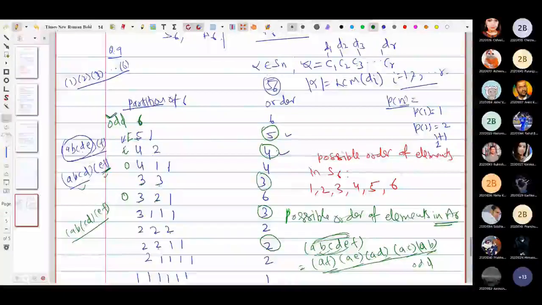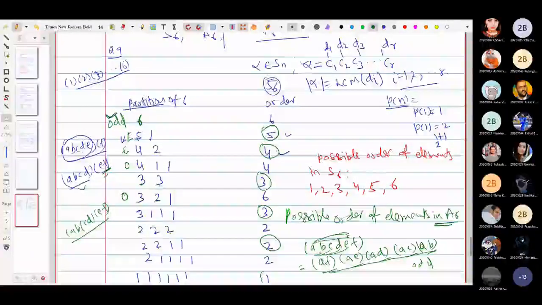Okay, and then we have this one, all single cycles. So there is absolutely no problem. This is going to be an even permutation, because identity is always an even permutation.